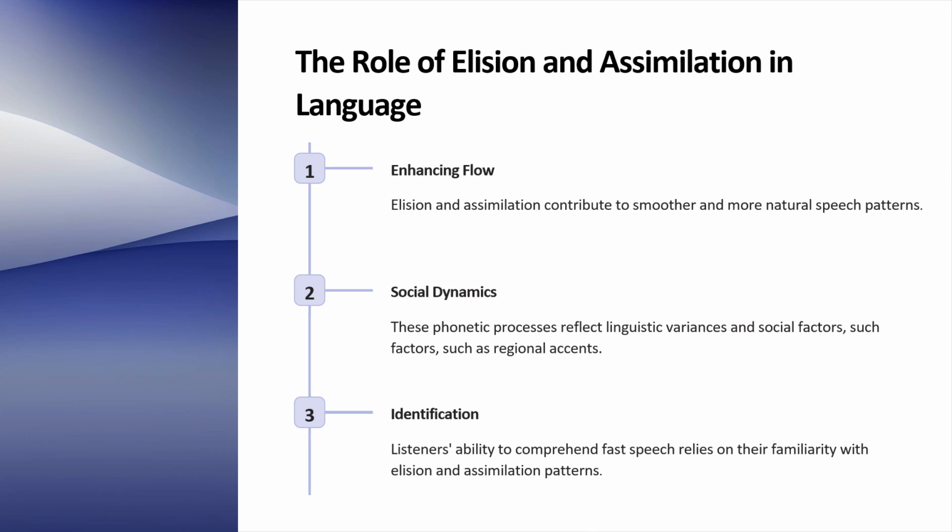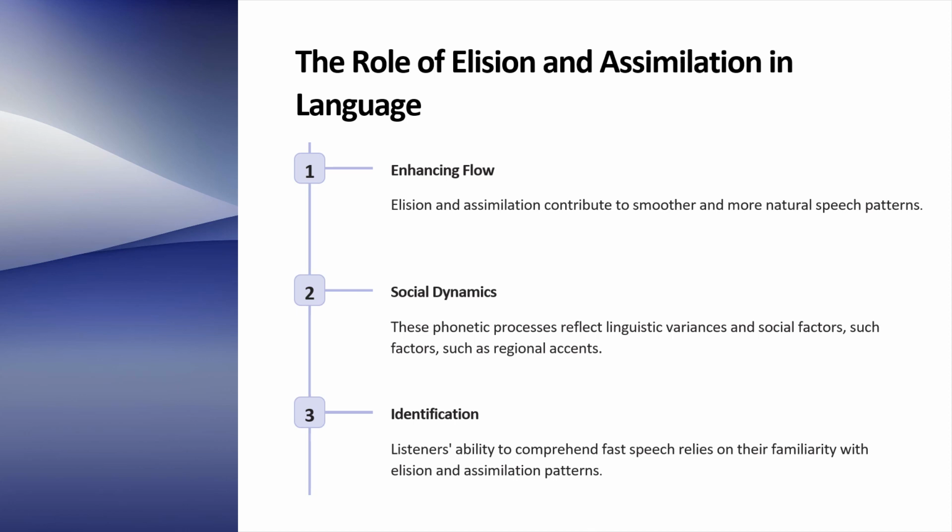And identification: listeners' ability to comprehend fast speech relies on their familiarity with elision and assimilation patterns. In order to understand native English completely, there are some difficulties for you in watching movies, because the English news or BBC news will be okay, but by watching English movies, what will happen?